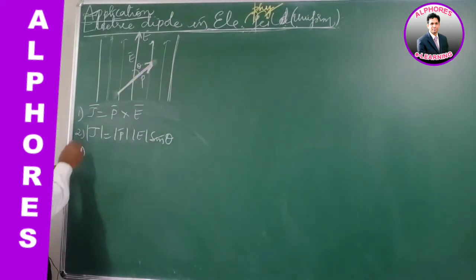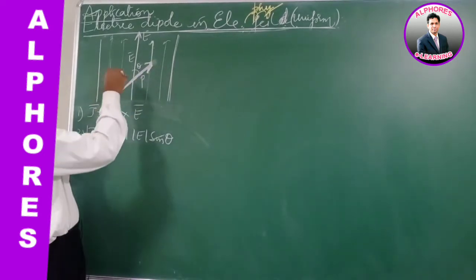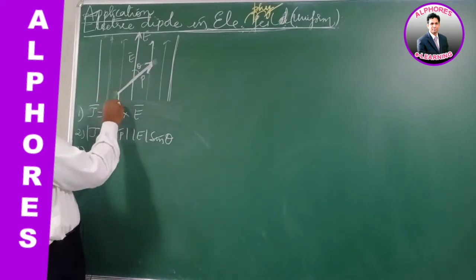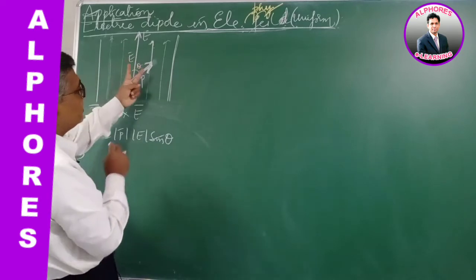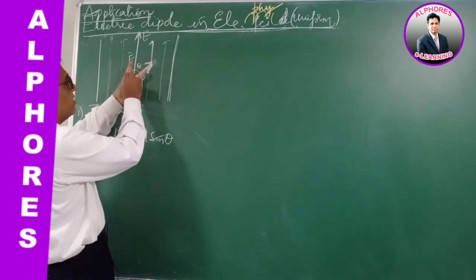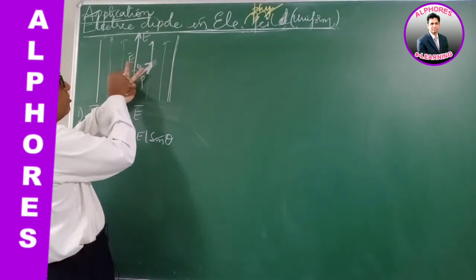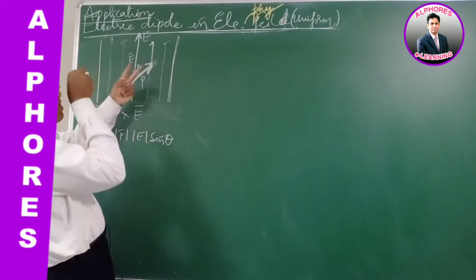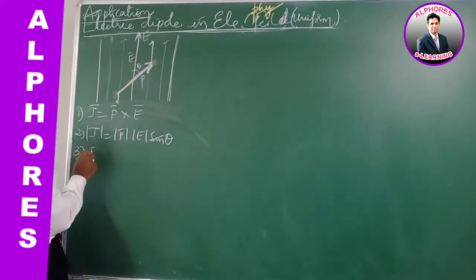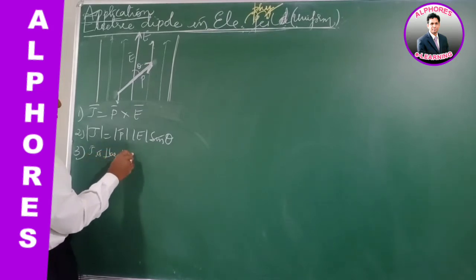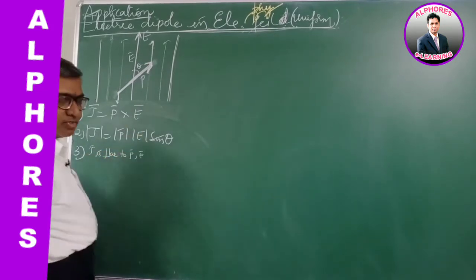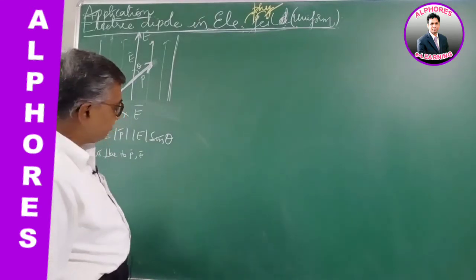Now the direction of this torque is perpendicular to the plane of the dipole moment and electric field. Dipole moment is this way, this is the electric field, then perpendicular to the plane, it is like this. In this direction the torque exists. So torque is along the direction perpendicular to P and E and passing through the midpoint of the dipole.